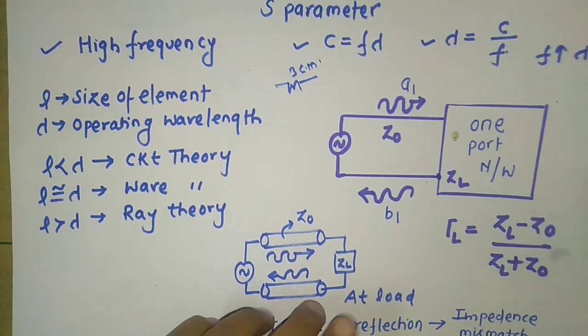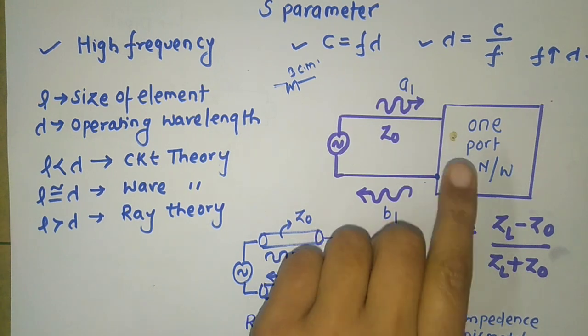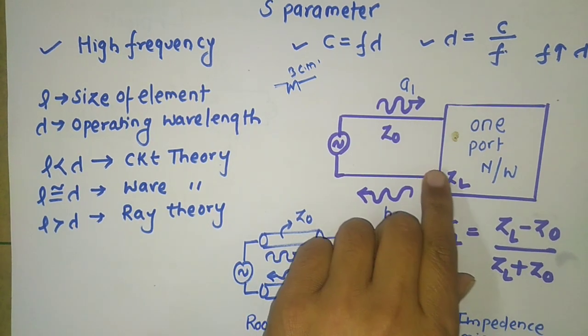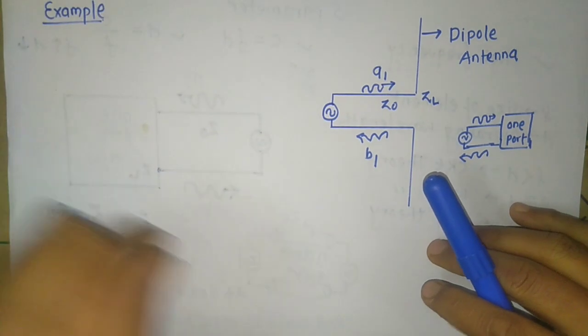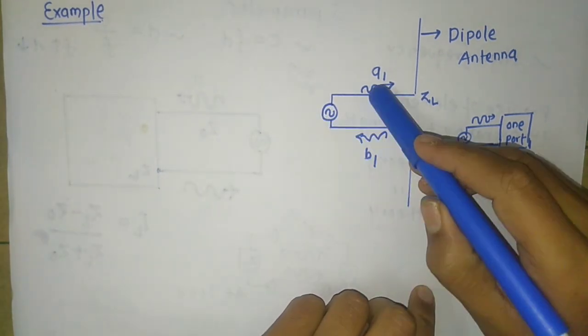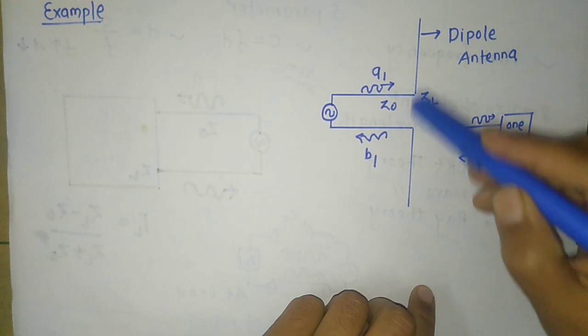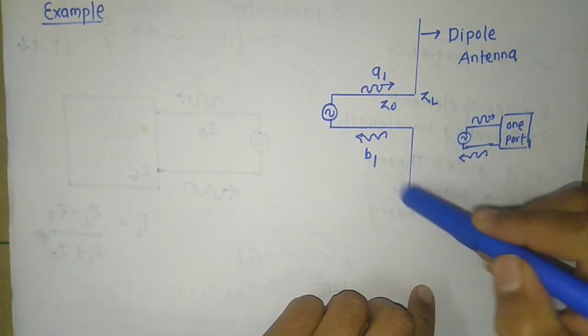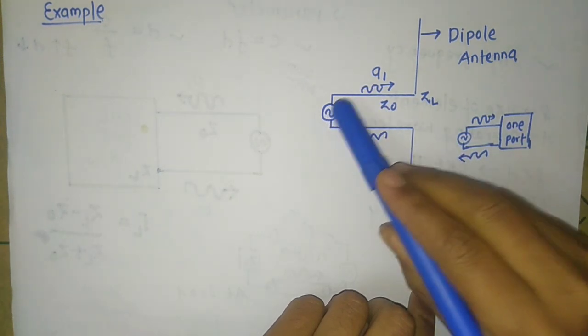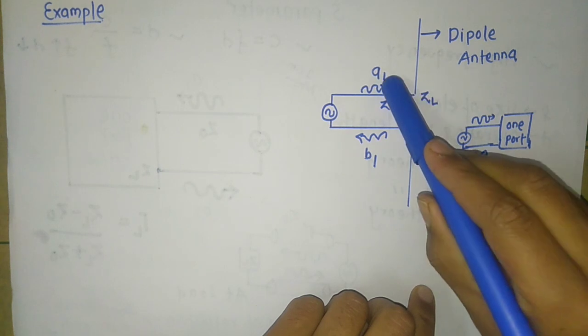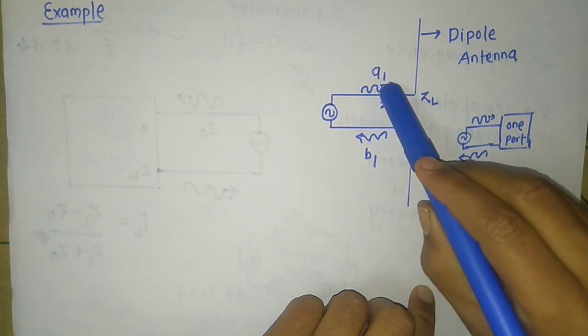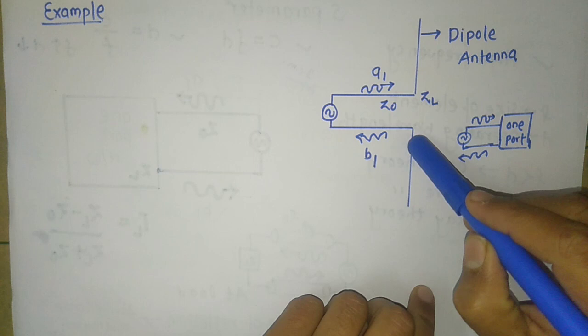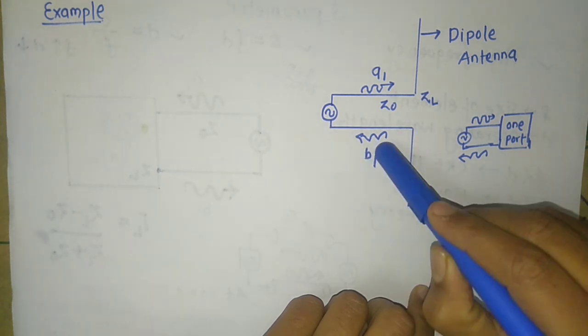So this is the one port network. Now I am giving an example of a one port network. You have seen an antenna, and in the antenna this is your source, this is your transmission line, and your antenna is acting as a load. A wave that travels from source to load is known as incident wave, and a wave which travels from load to source is known as backward wave.